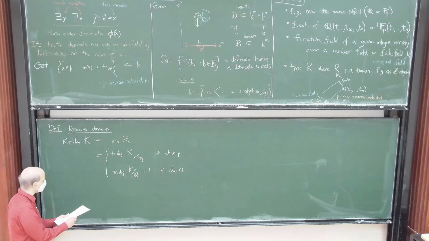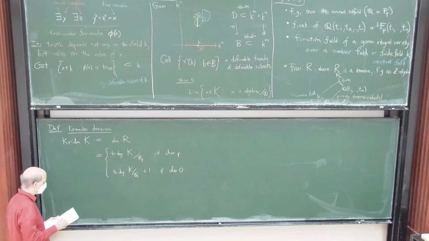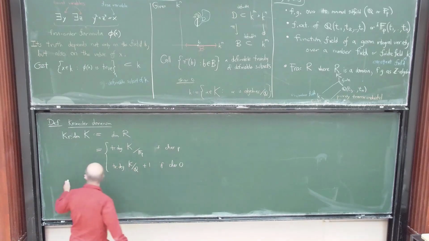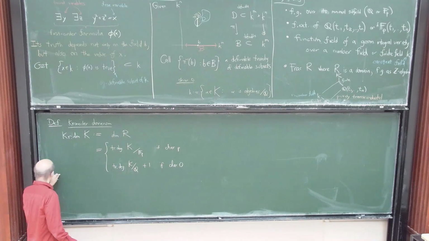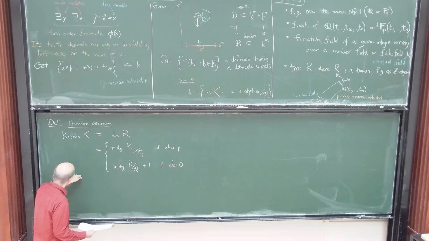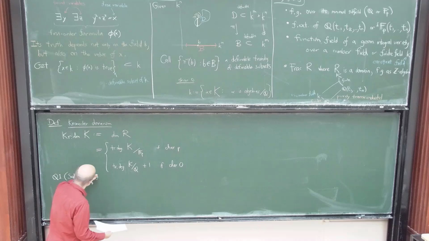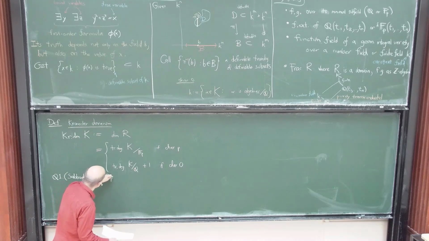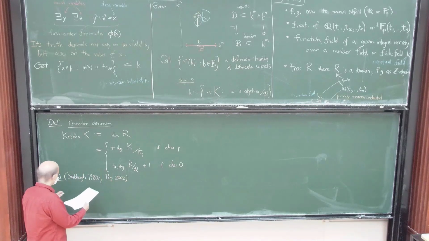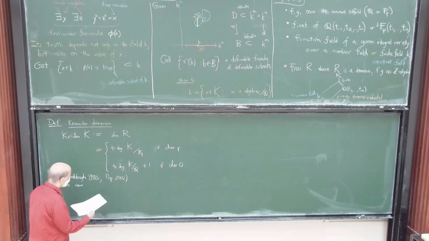Okay, so let me now state the main questions about finitely generated fields and the first order theory. The first question was implicit in some work by Sabbagh in the 1980s, and it was asked explicitly by Florian Pop in 2002. The question is, does the first order theory determine the field?